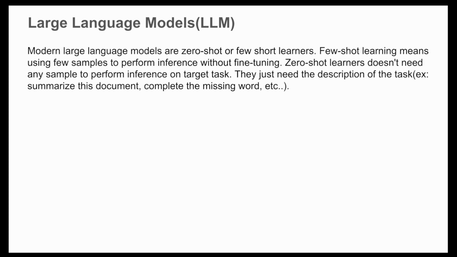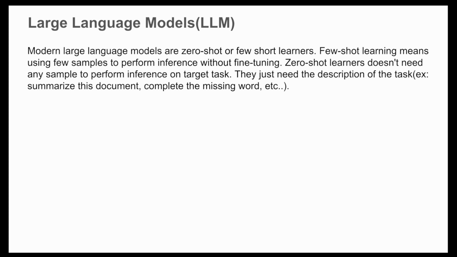Also, modern large language models are zero-shot or few-shot learners. Few-shot learning means using a few samples to perform inference on a particular task without fine-tuning. So in few-shot, you just need a few demonstrations of the task, and you don't need to collect fine-tuning datasets. In zero-shot learning, you don't need any sample at all.